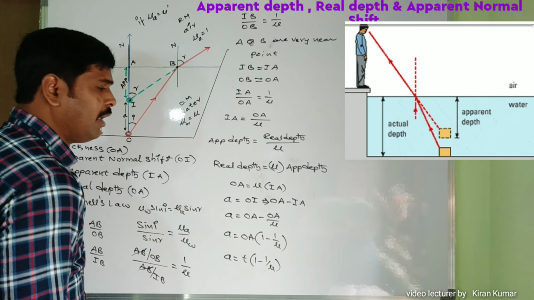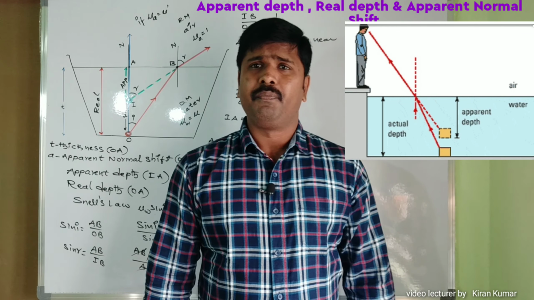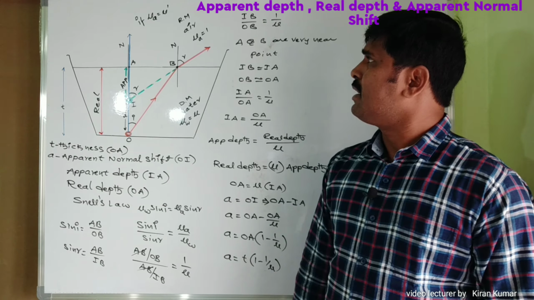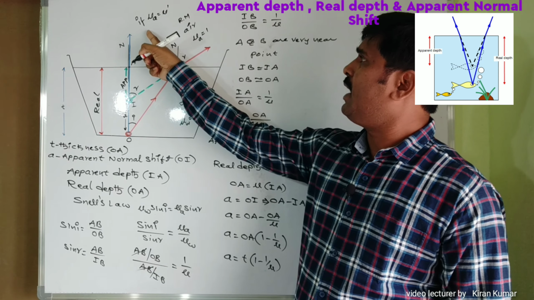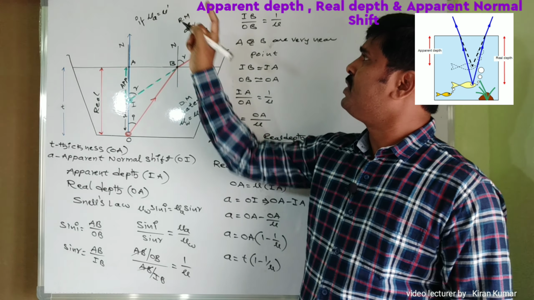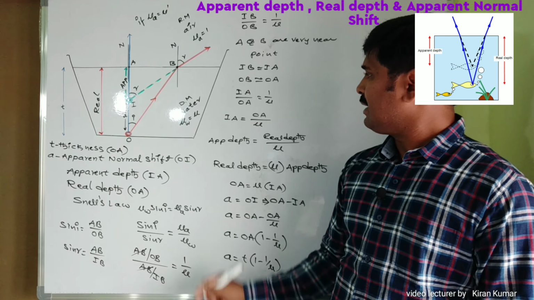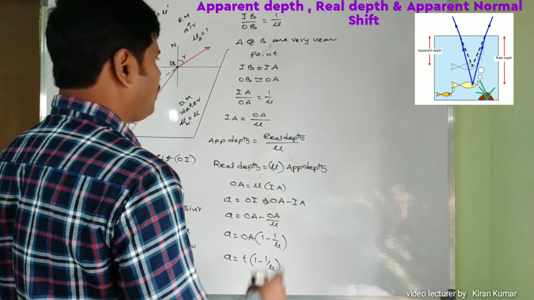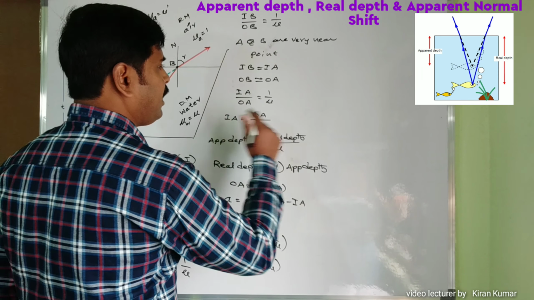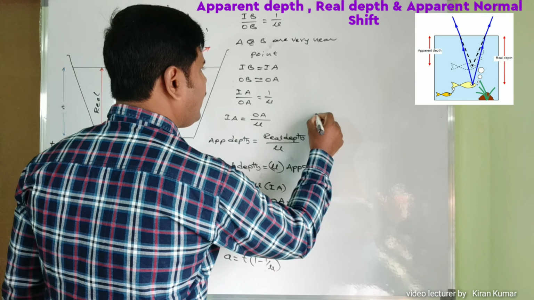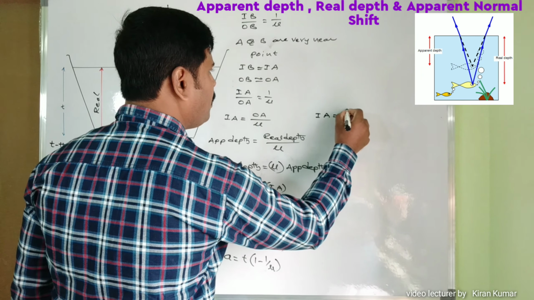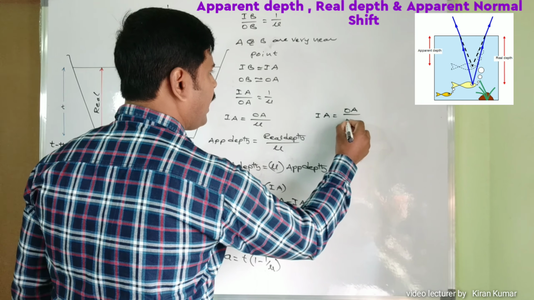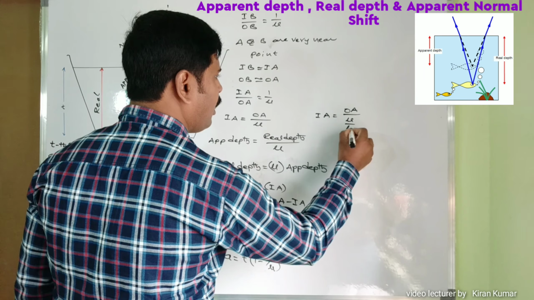which is the apparent normal shift. For example, instead of air, we can consider a medium, that is, if mu A equals mu dash, then the values will change, which we will discuss now. Here the apparent depth IA equals OA divided by mu dash.